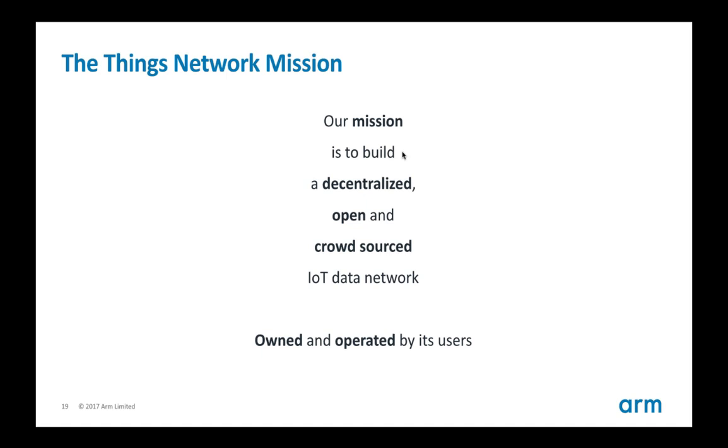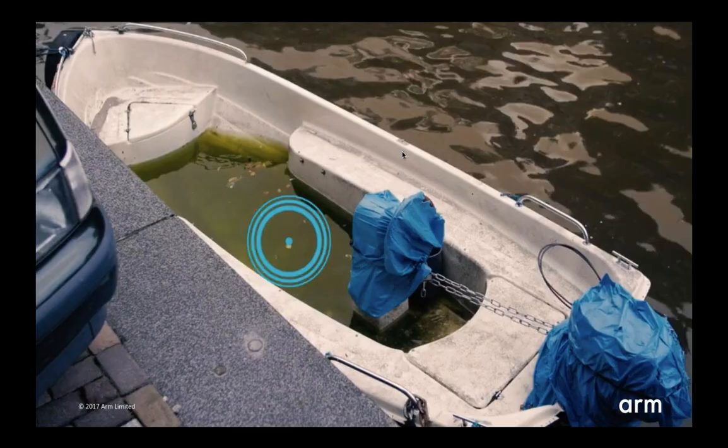To demonstrate this, and also to demonstrate the need for such a network, we had a very simple use case. We are based in Amsterdam, and Amsterdam is full of boats like these, and they typically leak water. So we decided to create a boat sensor, which you can put in the boat, and if it detects water, it sends a message to the network.